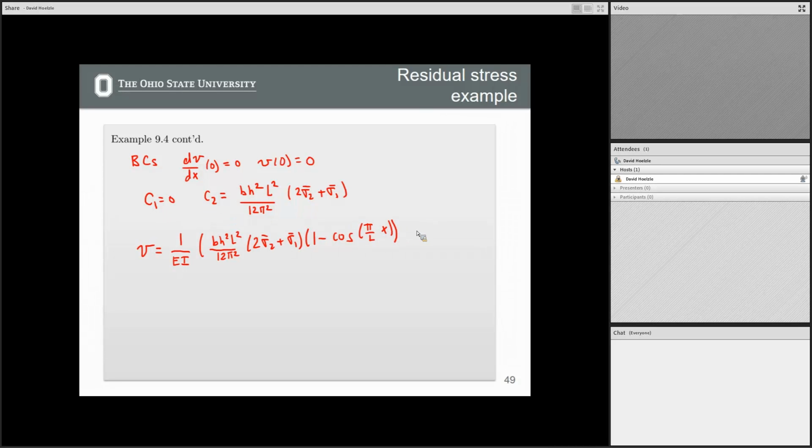All right, and I get this equation. All right. So then we can start to look at applying this and trying to understand some relationships here.